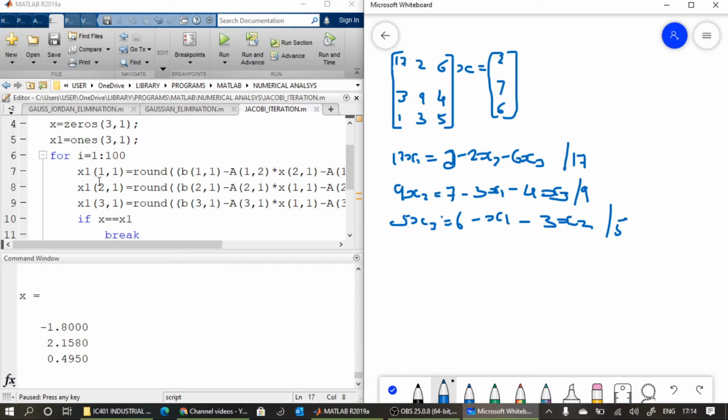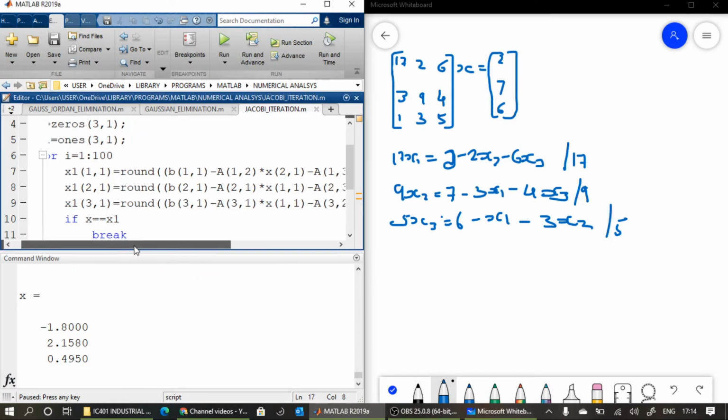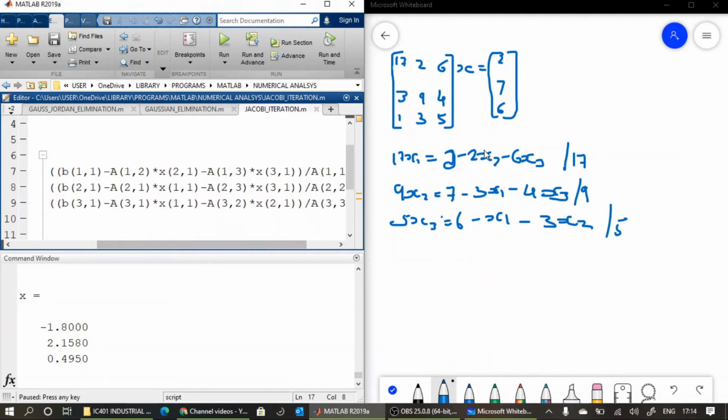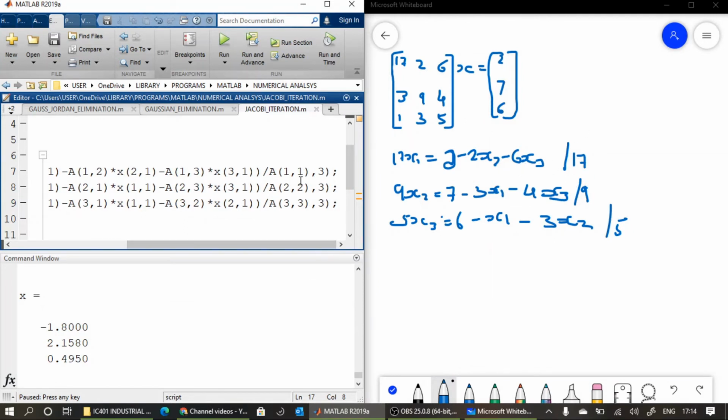Okay, now x1 is equal to b1, this is b1, 2, minus a12 x2 minus a13 x3, all divided by a11. Instead of dividing each individual term by a11, first this is taken and then divided by a11.